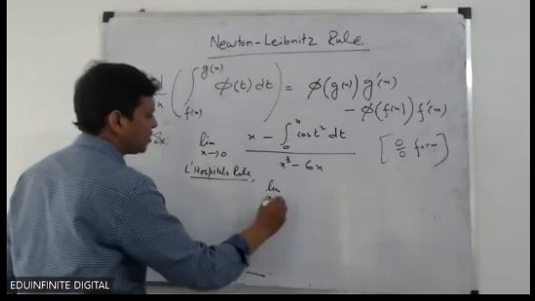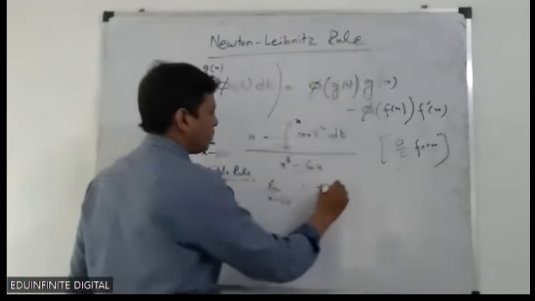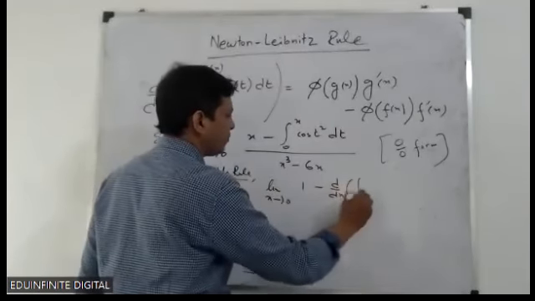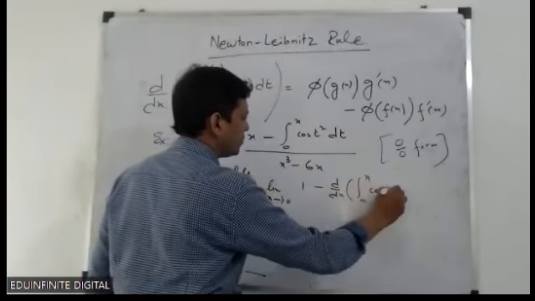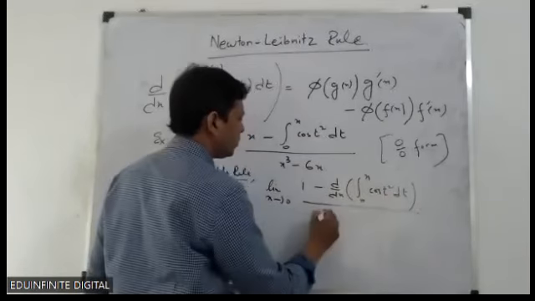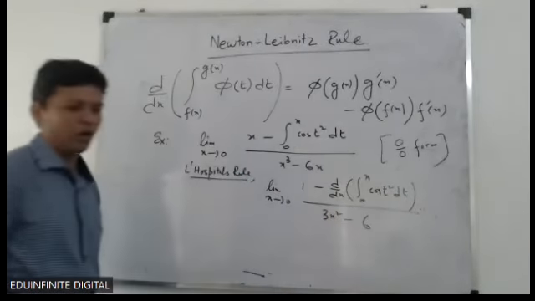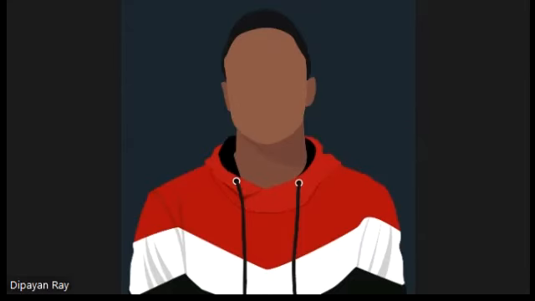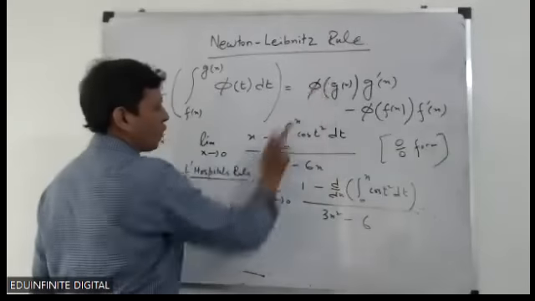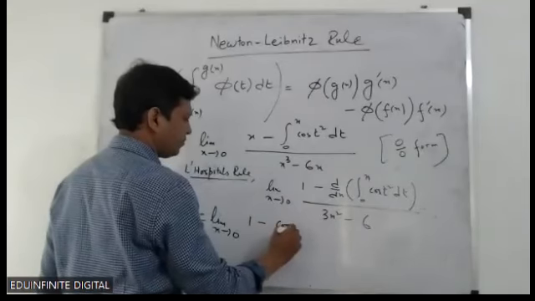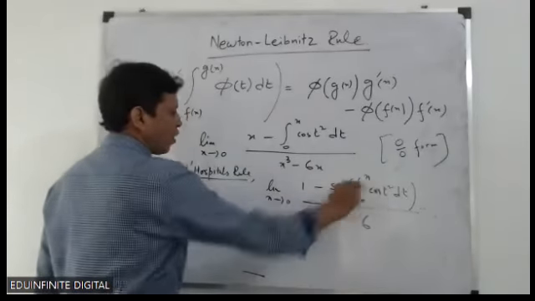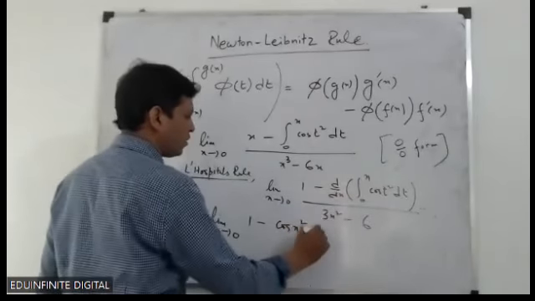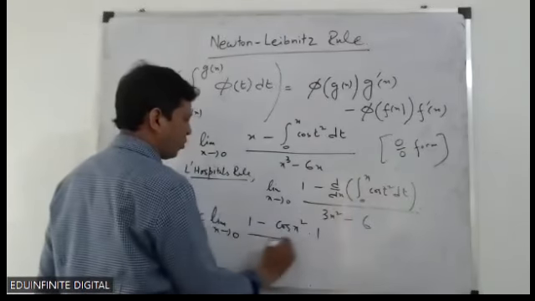limit x goes to 0, the derivative of x is 1 minus d/dx of the integral. Tell me, is that clear or not? Yes, sir. Now I will apply this rule. What is your upper limit? Cos x square. What is the derivative of x? And your lower limit is 0, so the other parts are 0.